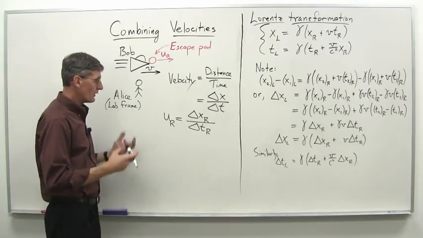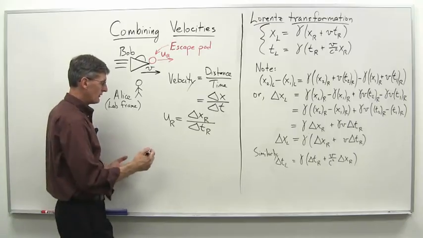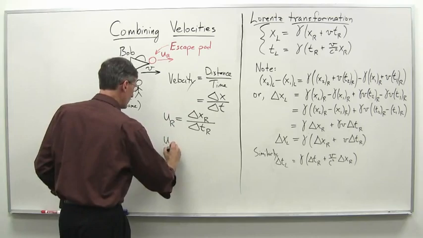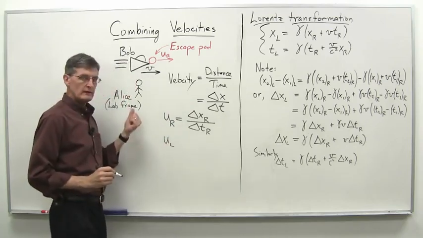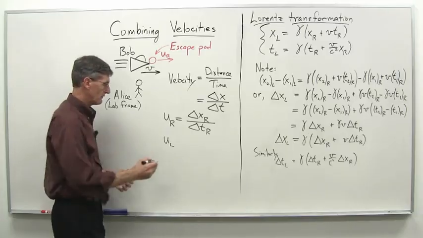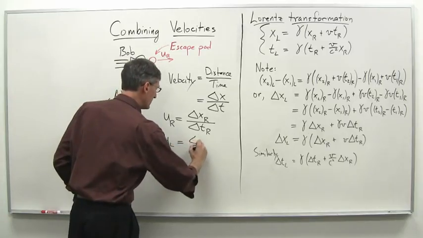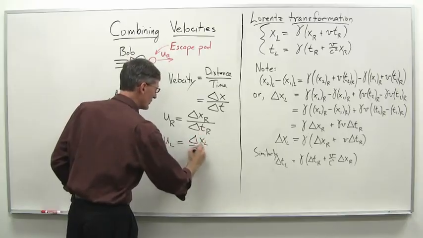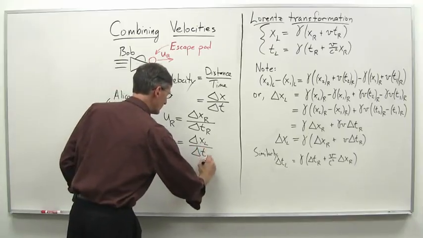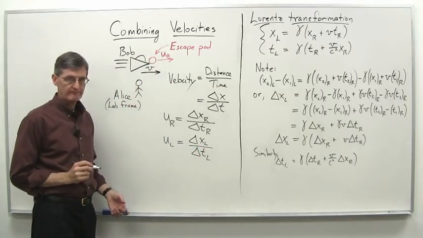So what we can say right off the bat, just from the basic definition, is that the velocity of the escape pod in Alice's frame of reference is going to be u sub L. That's just definition. It's going to be the distance covered in her frame of reference divided by the time elapsed in her frame of reference.